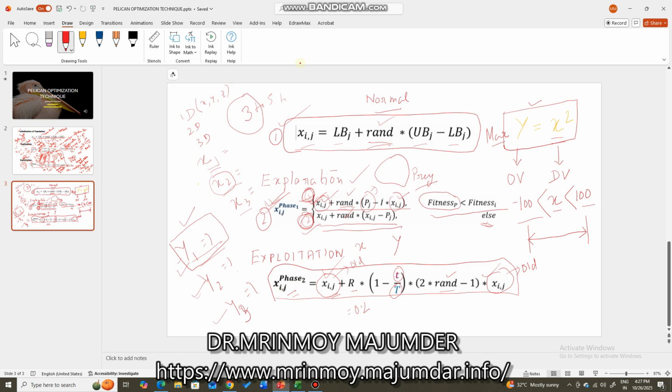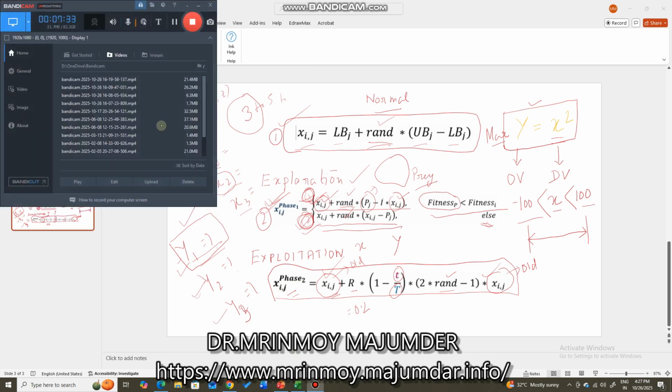If the fitness value of the other agents is more than the fitness value of the prey agent, use equation 1, and if your prey agent has outclassed your other agents, you have to use equation 2. It is as simple as that.